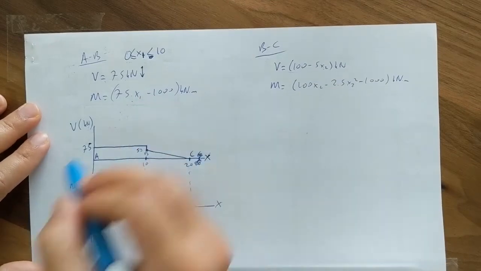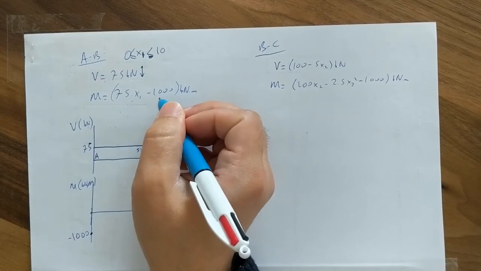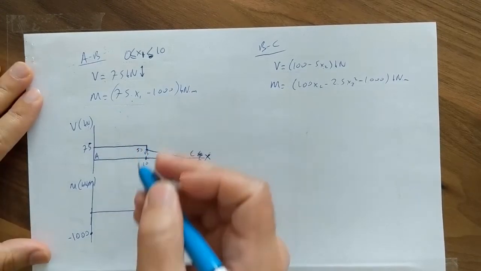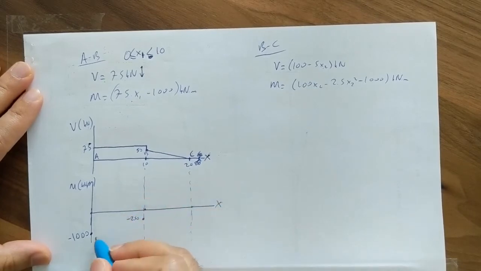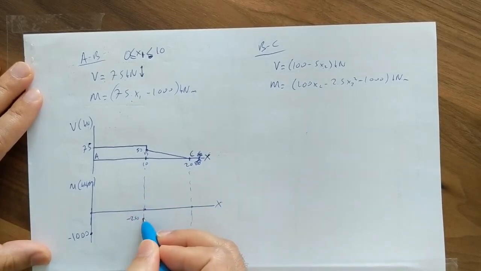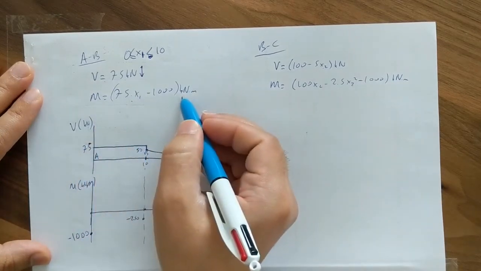When x1 is approaching 10, the value will be minus 250. And from this point to this, there will be a slope because this is a linear equation.